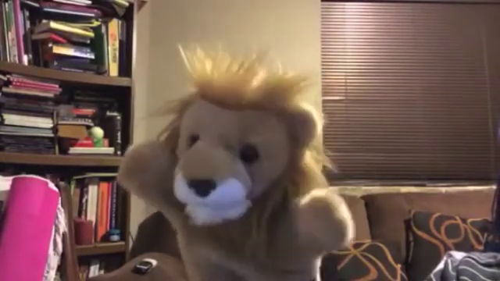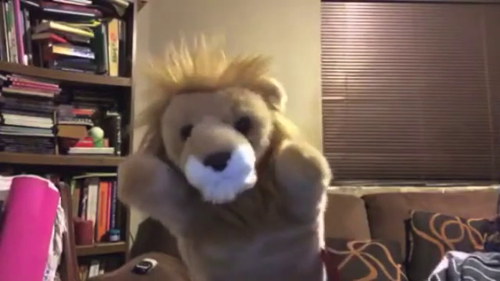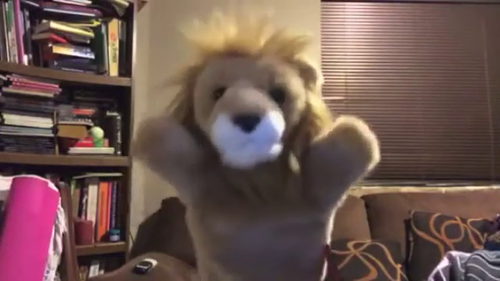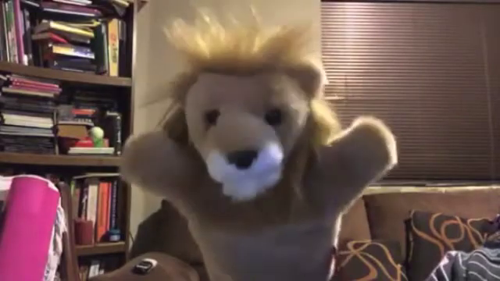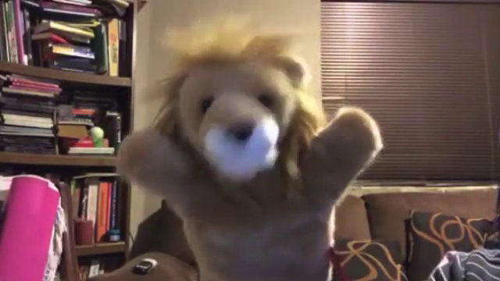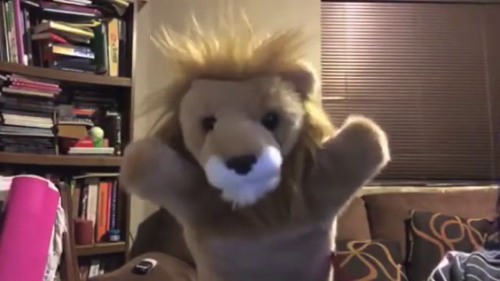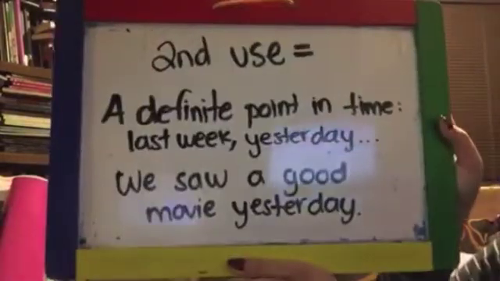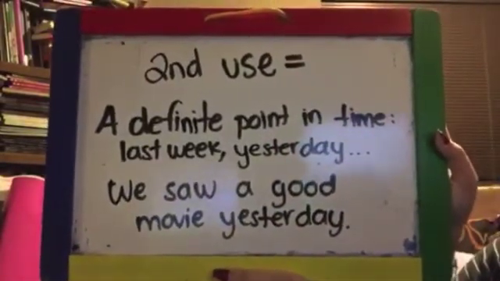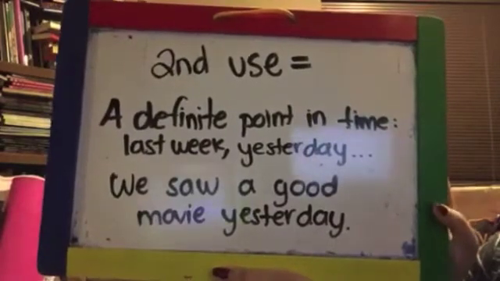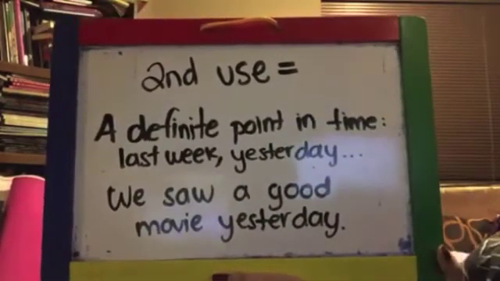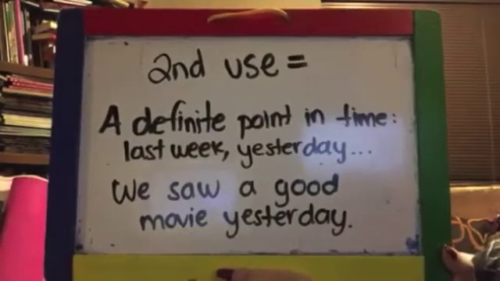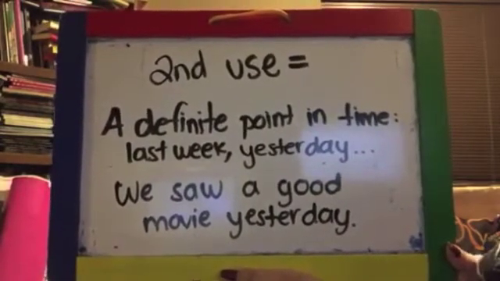Now we will move to the next use of the simple past, which is to say when something happened. So I will bring my whiteboard to help me explain this use. Okay, for the second use, we use the simple past with a definite point in time, like last week or yesterday.